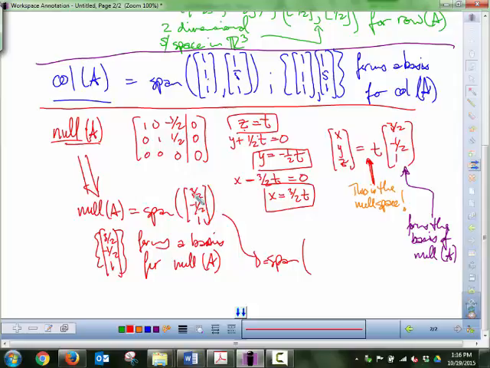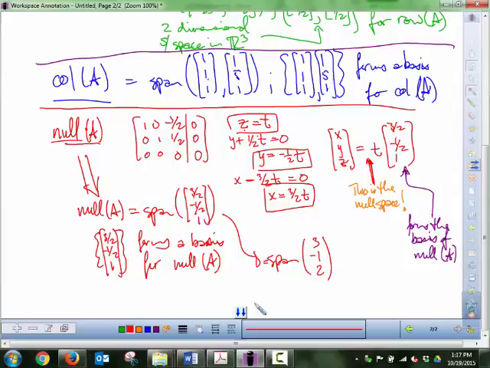If I just multiply this basis by 2, that'll give me the exact same space. Because I have a one-dimensional space, I just have one vector. Whether that vector starts off with a certain length or shorter or longer, the span of that is still the scalar multiple of that, so it's still going to span the same space. So this is the null space.